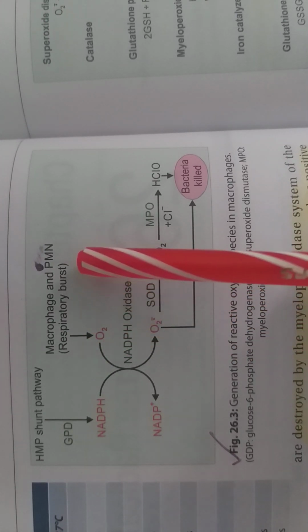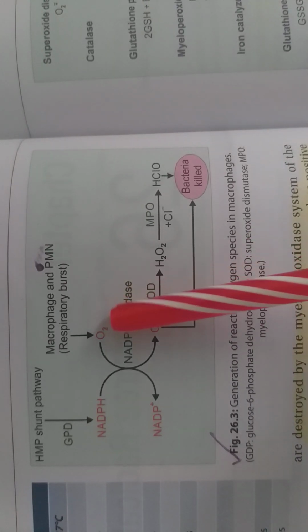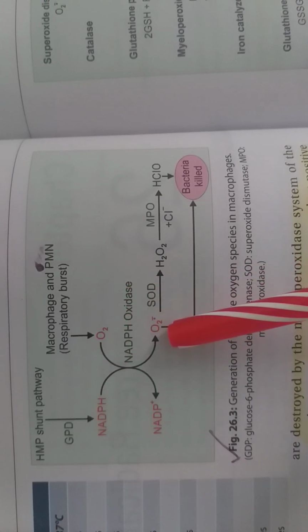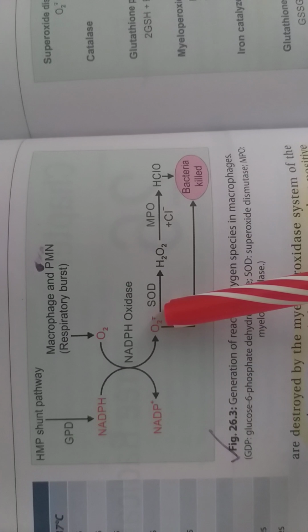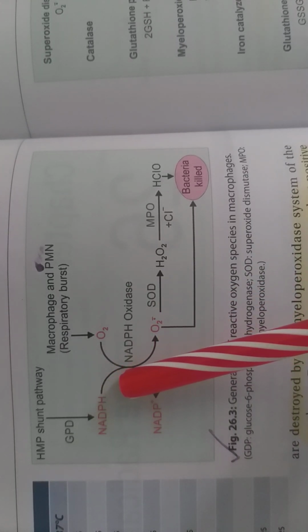Respiratory burst is the increase in oxygen consumption by the body when the macrophages are activated for phagocytosis. This oxygen is converted to the superoxide anion radical, with the utilization of energy in the form of NADPH.